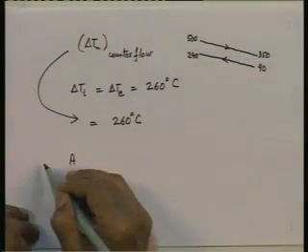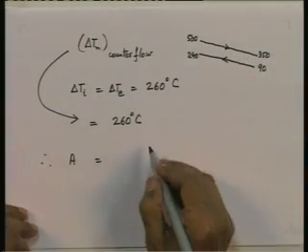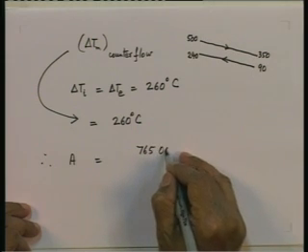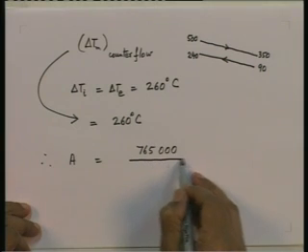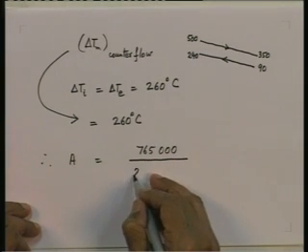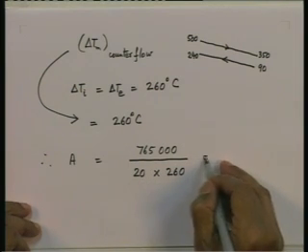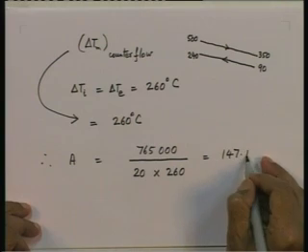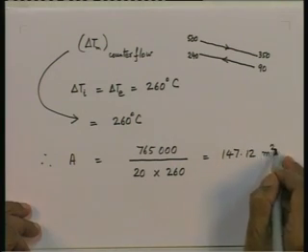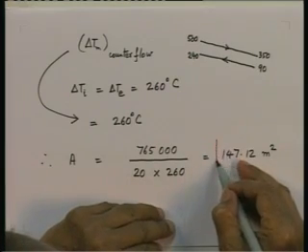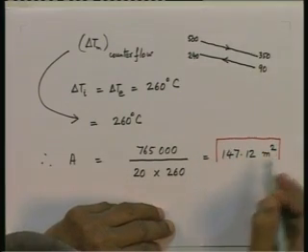As I said, q and U do not change, therefore, A will be equal to the value of q, which is 765,000 watts, divided by the value of U and the value of delta T m, 260. So, we get 147.12 square meters. This is the value for the area A if the arrangement is counterflow.